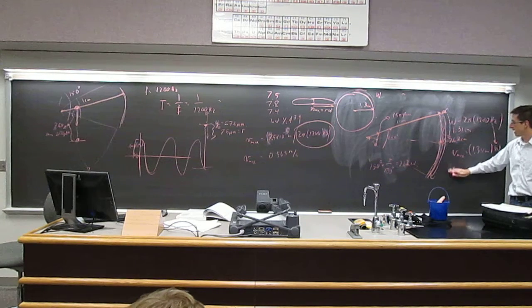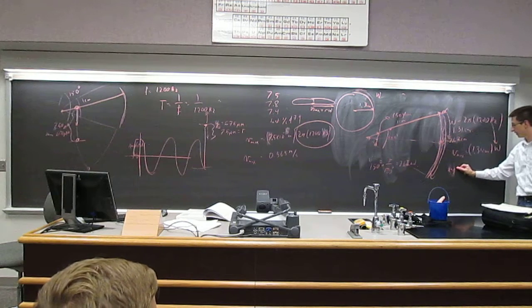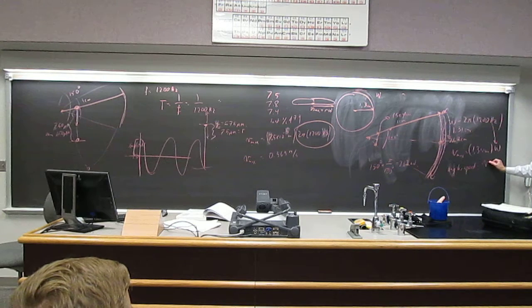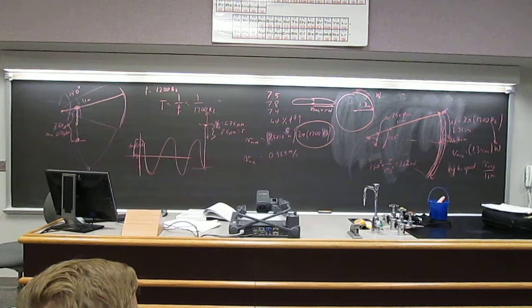Omega, the angular speed, I don't want to confuse it with this omega, equals V max divided by 1 centimeter. And so this would be part D and this would be part C.